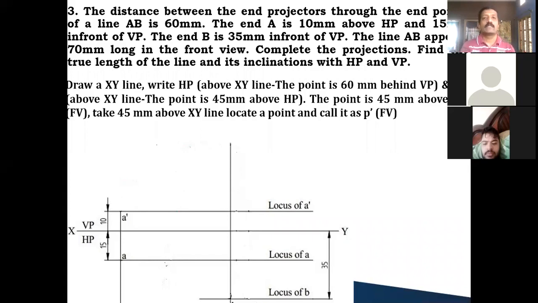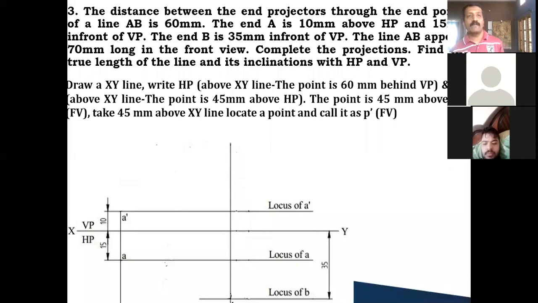The end A is 10 millimeter above HP and 15 millimeter in front of VP. So I'll draw an XY line, taking HP and VP. End A is 10 millimeter above HP. I'll take 10 millimeter above the XY line, draw a horizontal projector line, and call it the locus of A dash, and locate one point and call it A dash because it's a front view point.